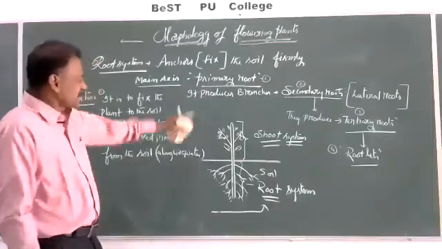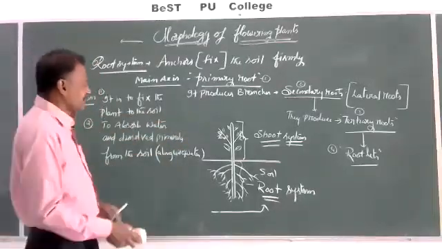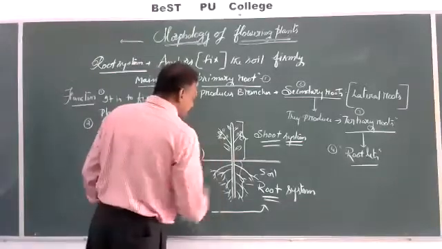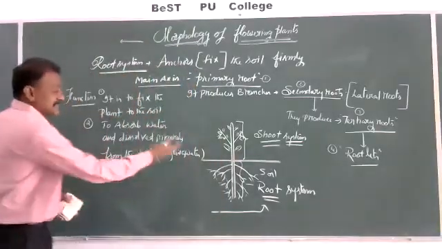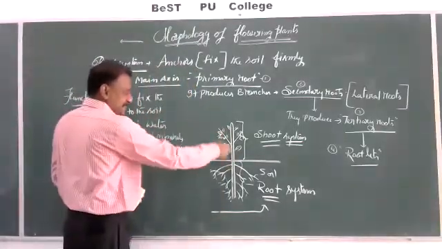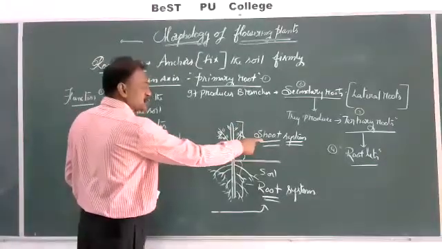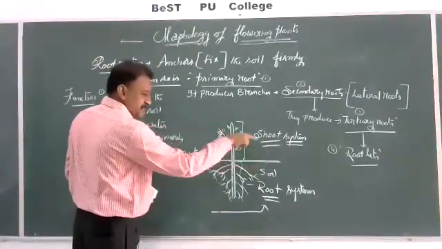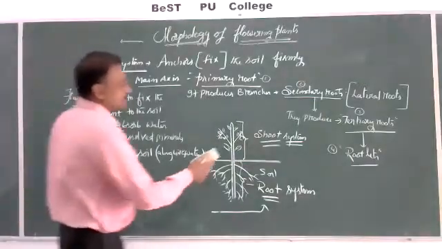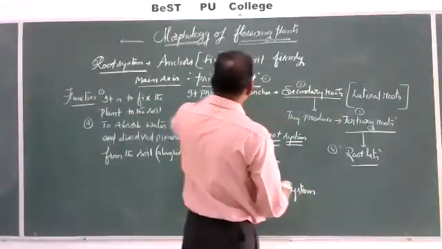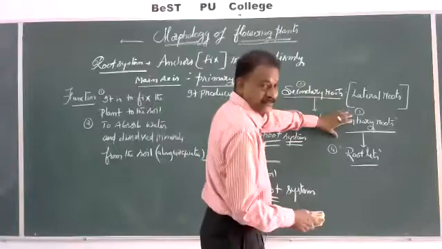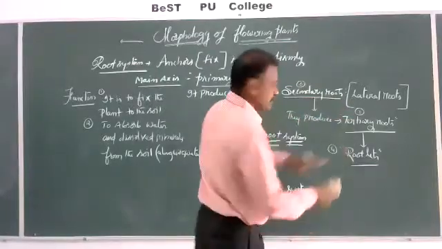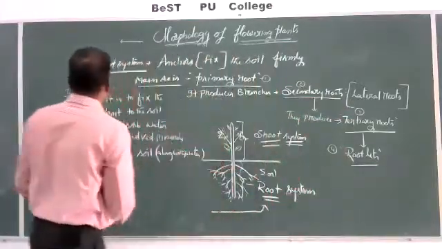Now, the shoot system. When we have seen the shoot system, this shoot system consists of a main axis. The main axis of the shoot system is called the stem. Make a note. Primary root, secondary root, I am going to wipe it out. Shoot system.